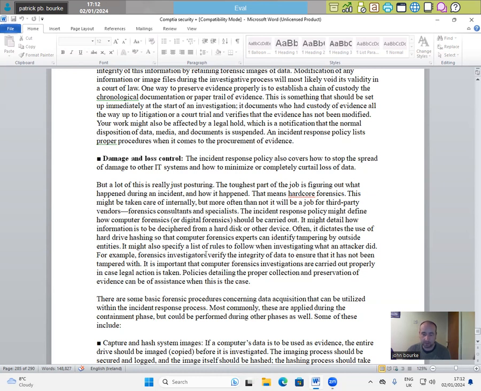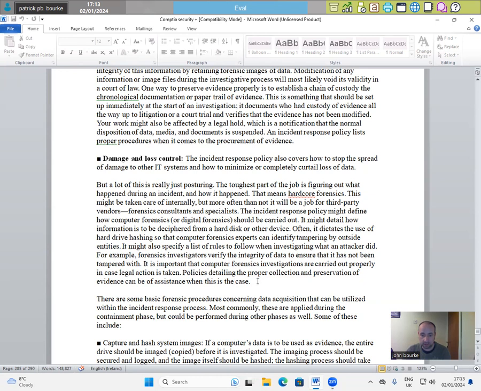It might also specify a list of rules to follow when investigating what an attacker did. For example, forensic investigators verify the integrity of data to ensure that it has not been tampered with. It is important that computer forensic investigations are carried out properly in case legal action is taken.